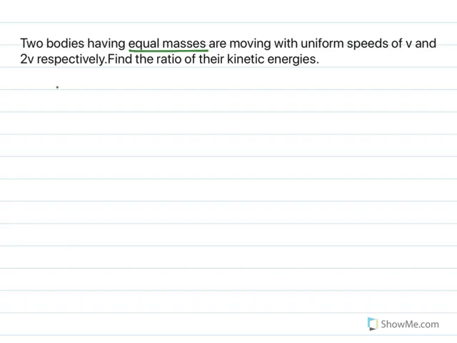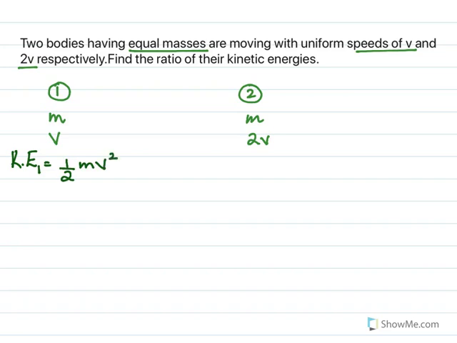Two bodies having equal mass, so body 1 and body 2, equal mass, so m and m, and they move with uniform speeds of v and 2v. So velocity v here, 2v here. Find the ratio of their kinetic energy. So kinetic energy 1 is half m v square, and kinetic energy 2 is half m 2v the square. Now we need to find the ratio.